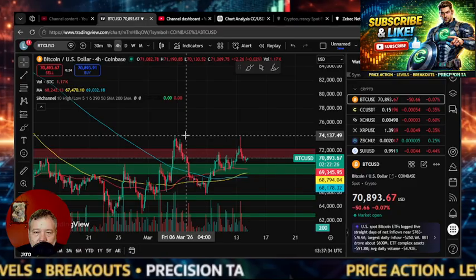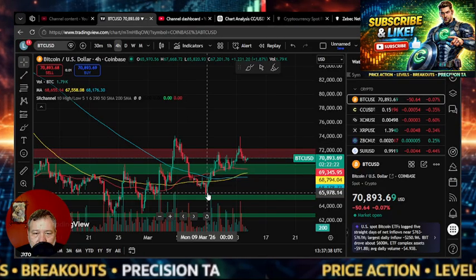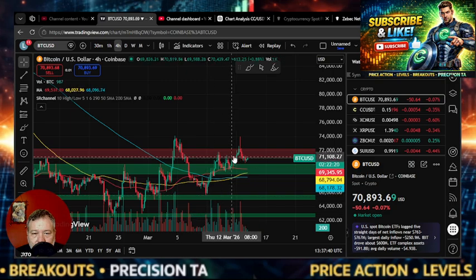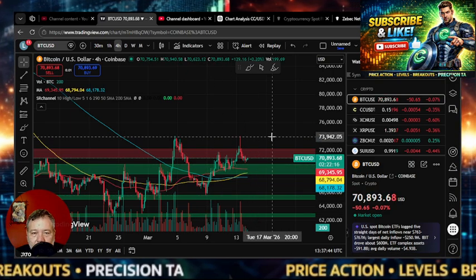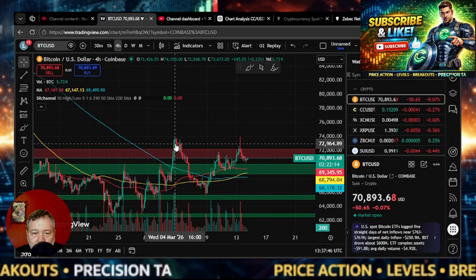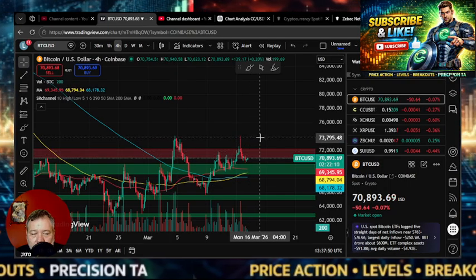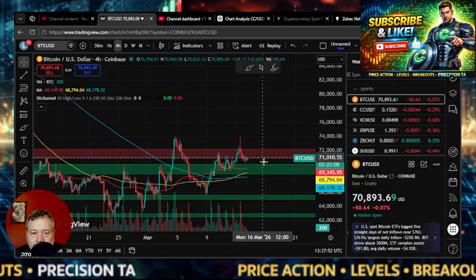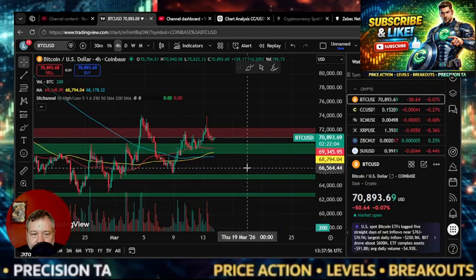We pushed up over here above 70. Now we pushed down through these support zones, and now we're headed back up. We got rejected, wicking up this time. Over here we got a candle up through, but this time we only wicked up, a short-lived pump. Now we're back down.